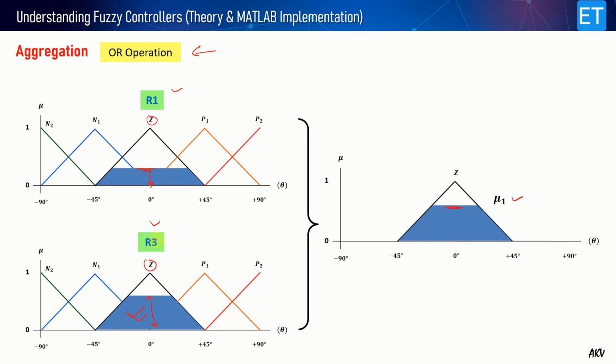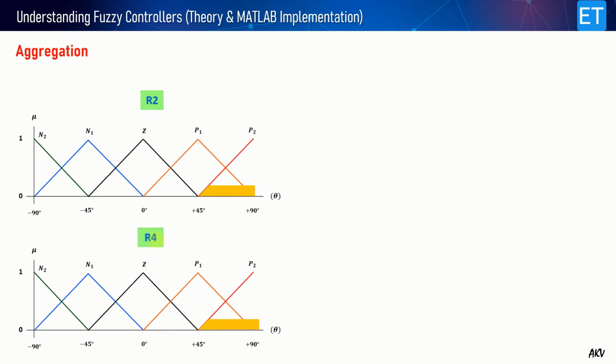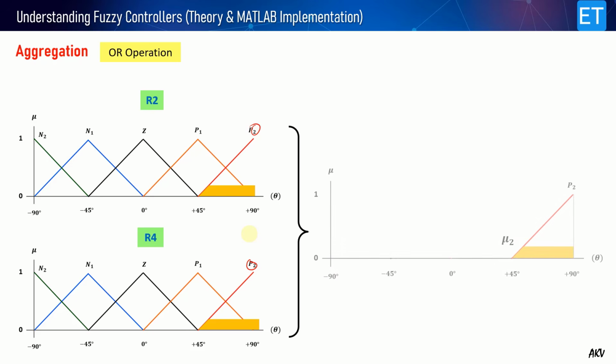Similarly, in the remaining 2 rules, R2 and R4, we are getting the area under the P2. Again we will apply the OR operation and aggregate, and we get the single outcome, whichever is the larger.